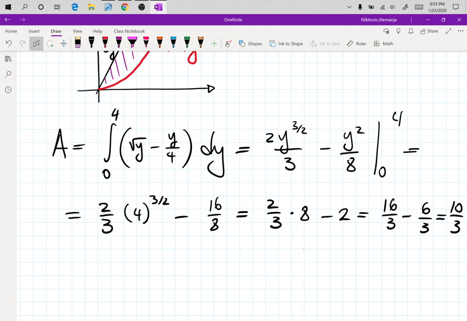I got this. Square root of y minus y over 4.